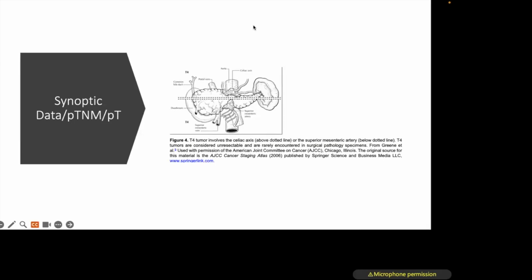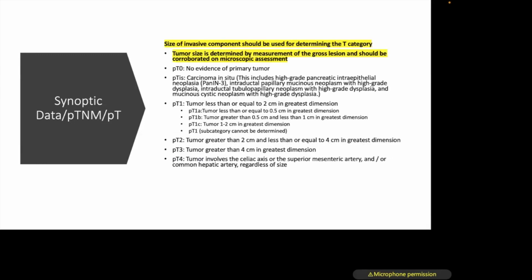And if it's involving the celiac axis, it is considered a pT4, irrespective of the tumor size. So the size of the invasive component should be used to determine the pT category. It's a correlation between what we see on the gross description as well as what we can corroborate on the microscopic description.